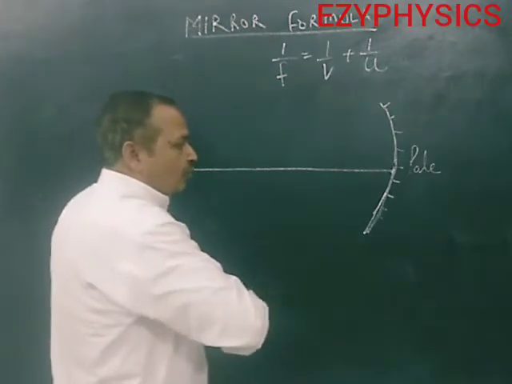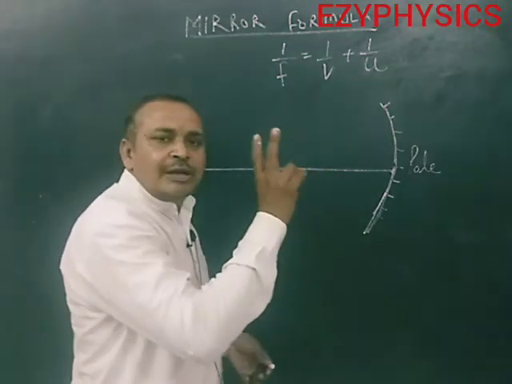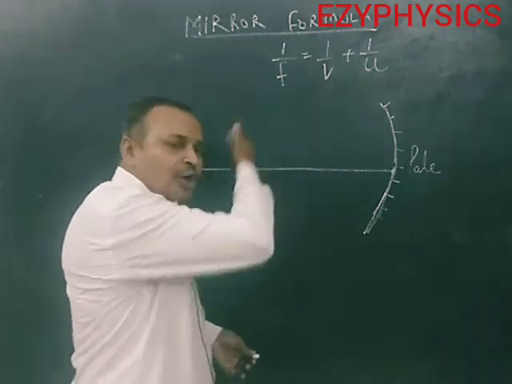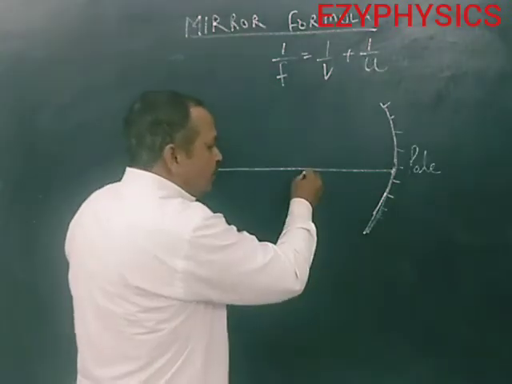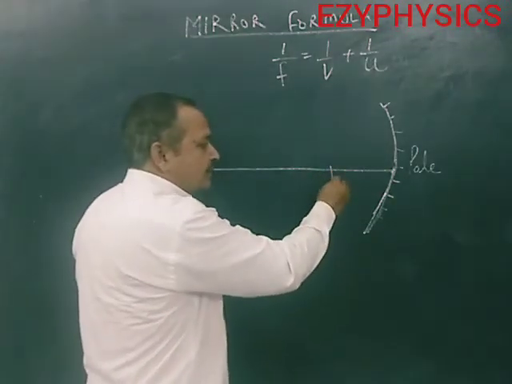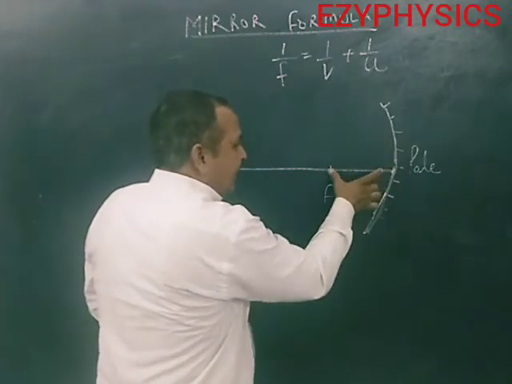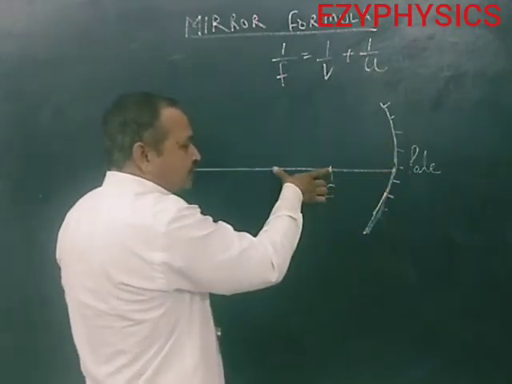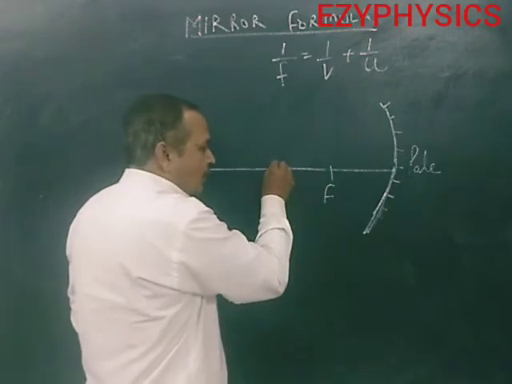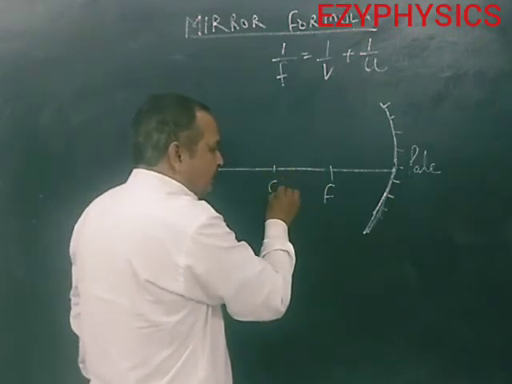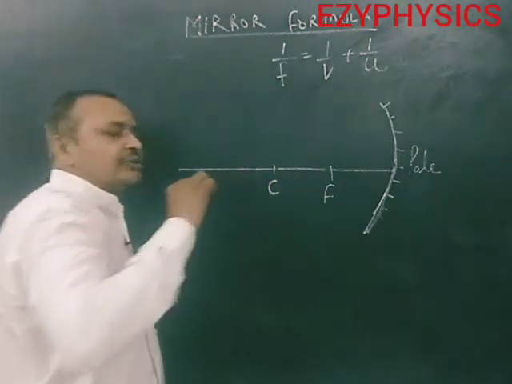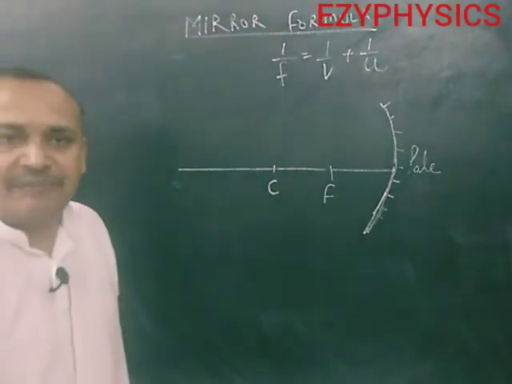We also know that there are two important points when we talk about a spherical mirror. First is obviously the focus, and as you all know, the focus and the center of curvature are equally placed. So this is the center of curvature.